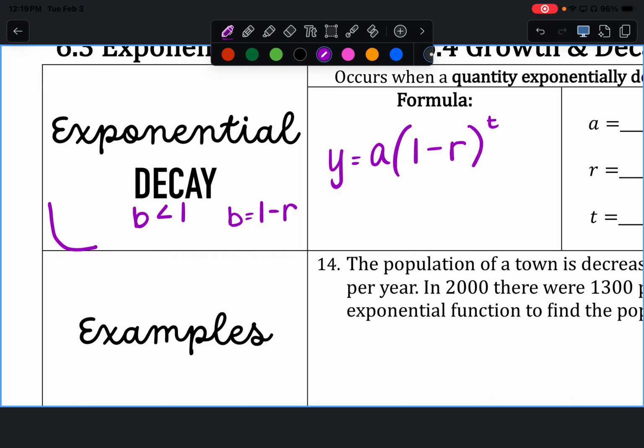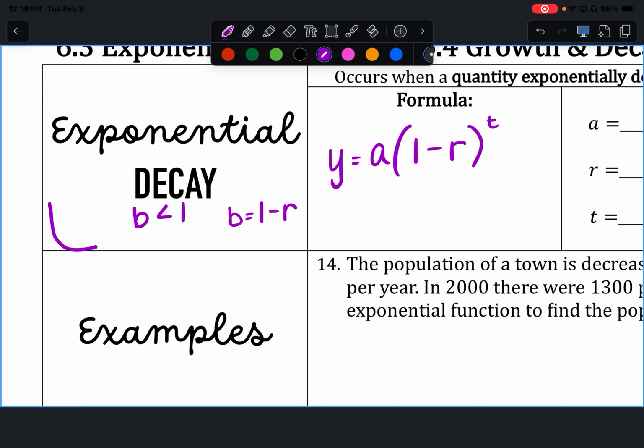If we look at number 14, the population of a town is decreasing at a rate of 1%. When I see the word decreasing, I need to know decay. It says in 2000, there are 1,300 people. Use an exponential function to find the population in 2008.